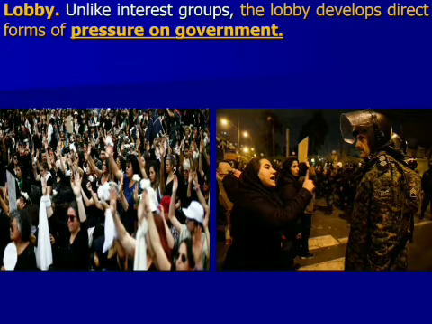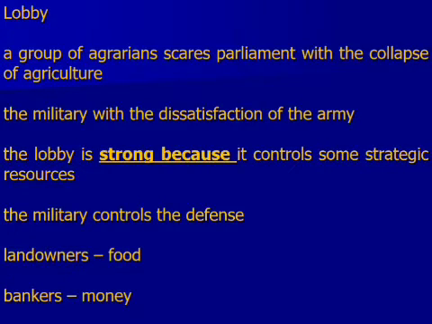Lobby. Unlike interest groups, the lobby develops direct forms of pressure on government. They try to attack or threaten the government. They are called lobby. A group of agrarians scare Parliament with the collapse of agriculture, for example, or military forces with dissatisfaction of the army.